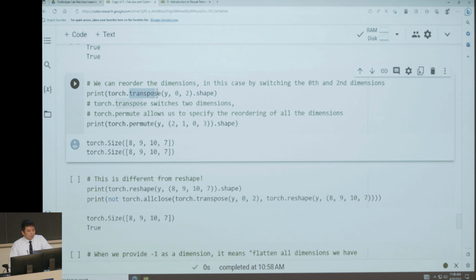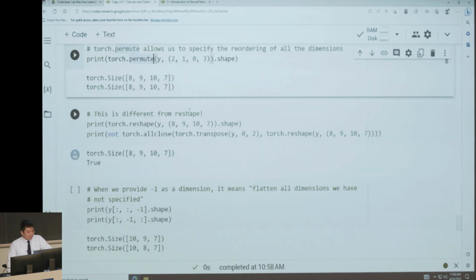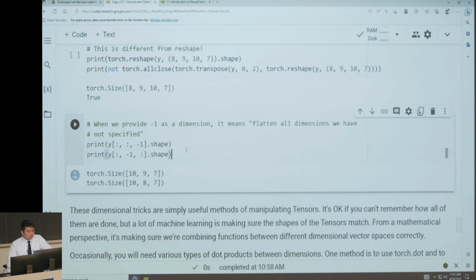You can use this transpose function, and you specify 2 of the dimensions to swap. Or you can specify the permutation of all of the dimensions here to swap. It's important when you're making the models to ensure that your shapes all line up. And most of the time, you don't need this complicated indexing.